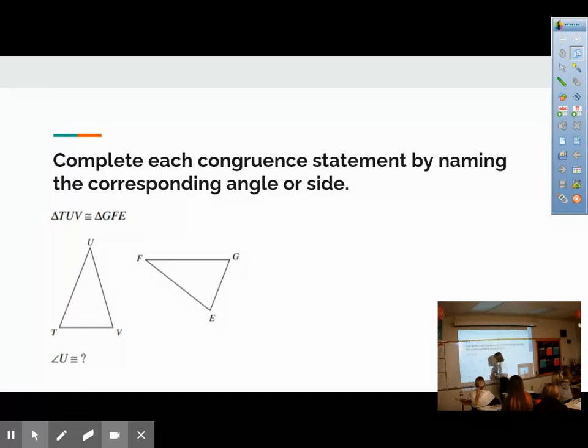Natalie's gonna explain to us her answer and why she got that answer. I used these up here and saw which one we lined up with, so I got angle U. You can do that. So U and F are both in the middle, so they would be congruent to each other. Very good. That's just what they lined up with.